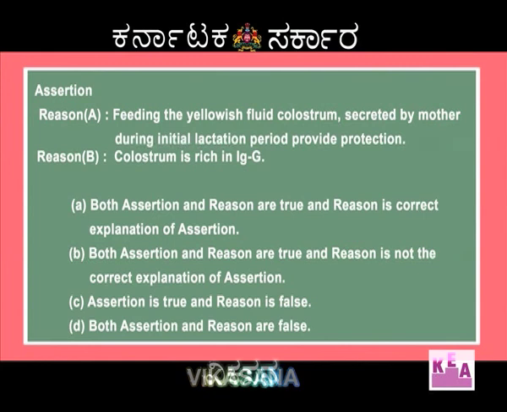Reason: colostrum is rich in immunoglobulin G. I repeat again. Assertion A: feeding the yellowish fluid colostrum secreted by mother during initial lactation period provide protection. Reason: colostrum is rich in immunoglobulin G.